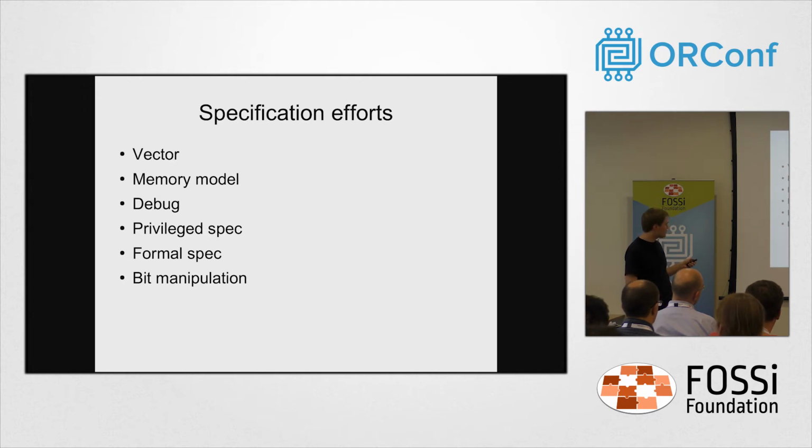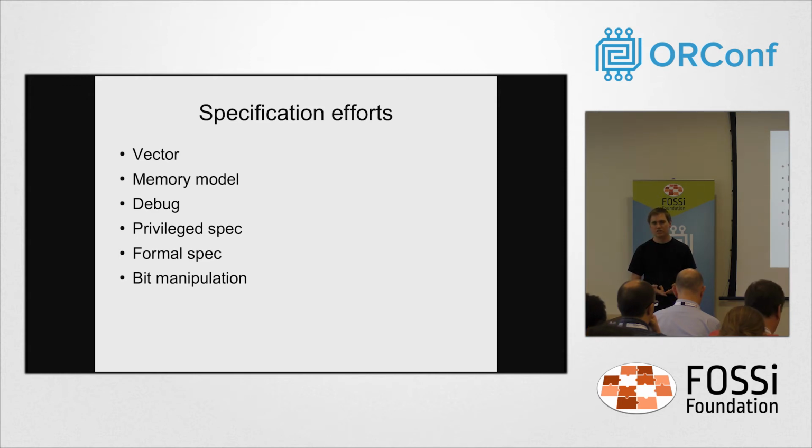The debug specification is, I think, almost done now. It's the one which is closest to ratification. It started out being developed more out in the open, and then it was developed more inside an internal RISC-V working group, but it seems to be reaching the point where people are agreeing now, and you can still find the draft specification on the RISC-V GitHub organization.